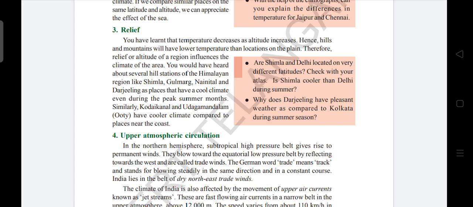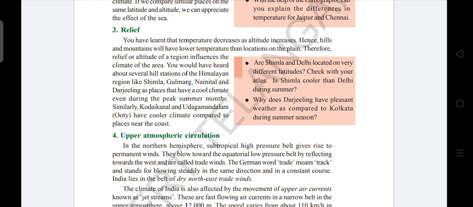You would have heard about several hill stations of the Himalayan region, the famous ones like Shimla, Gulmarg, Nainital and Darjeeling, as places that have a cool climate even during the peak summer months.